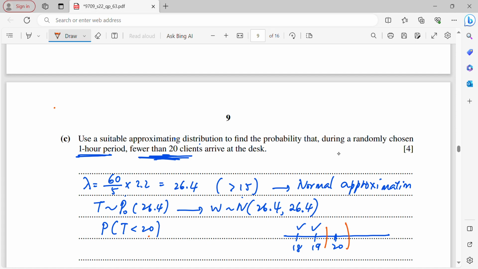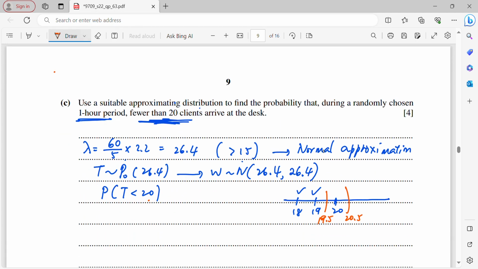So when I minus 0.5 from 20, I'm getting 19.5. If I plus 0.5 to 20, I will be getting 20.5. That means now from here, obviously I will choose the interval which is less than 19.5 to include the two ticks. So I will write this is the same as P(W less than 19.5).